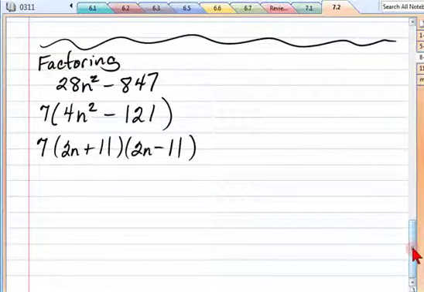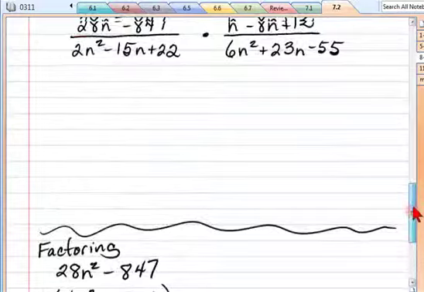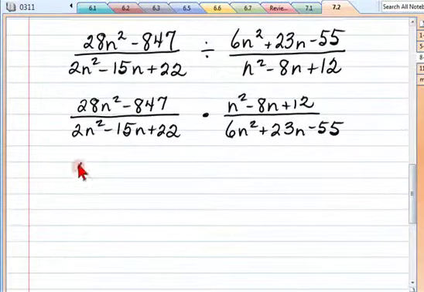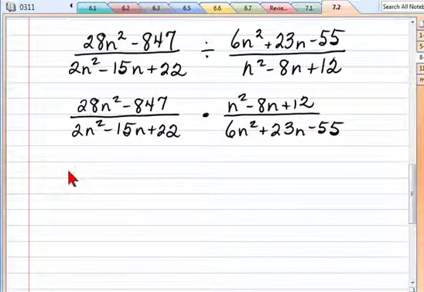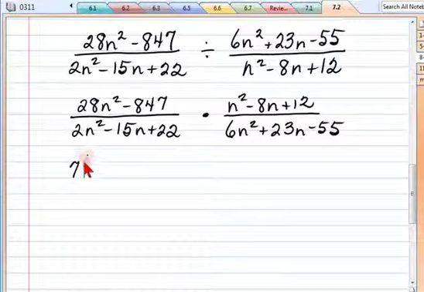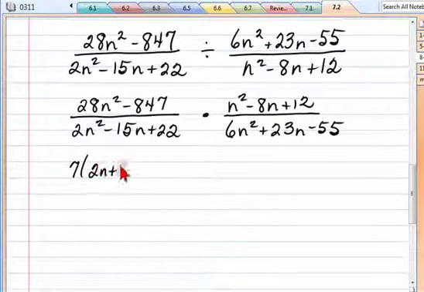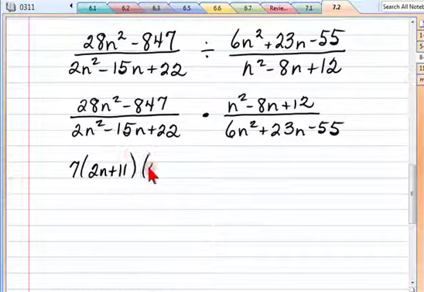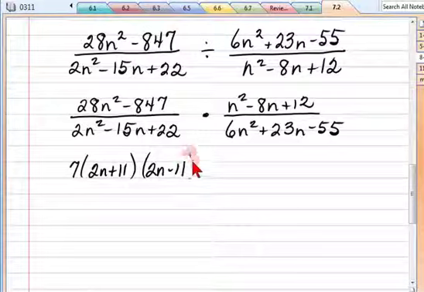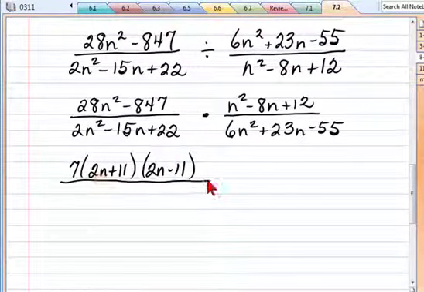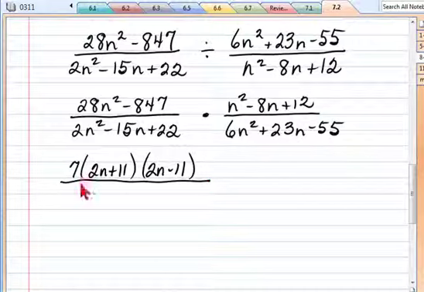Back to my problem. So I have 7 parentheses 2n plus 11 times 2n minus 11. Is everybody pretty tired? Would you like me just to write down the correct factors for all the others? Do you want the challenge? All right, this bottom one. Let's see if we can just do it.